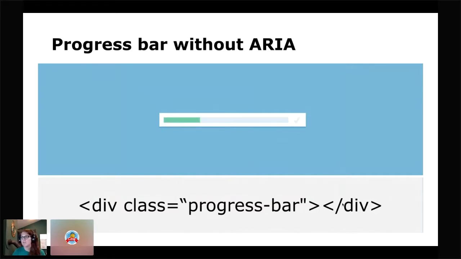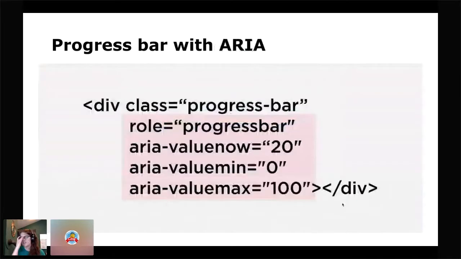So this is an example of a progress bar with ARIA in the sense that now we have not only roles that tell screen readers what an object is, in the sense this is a progress bar, but now we can give it values and information.